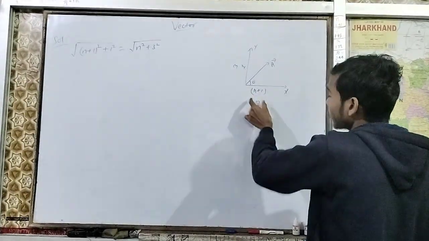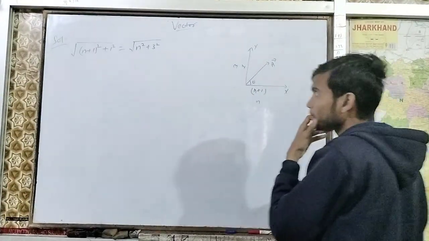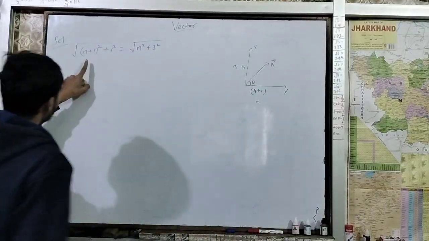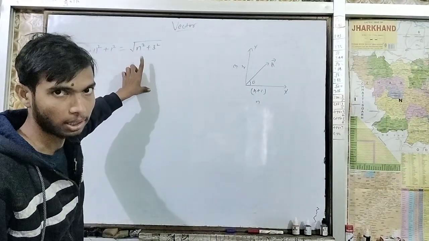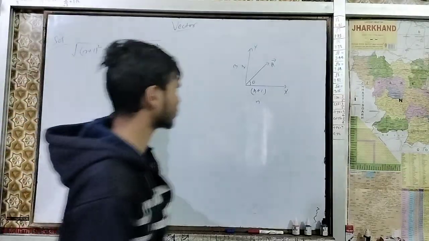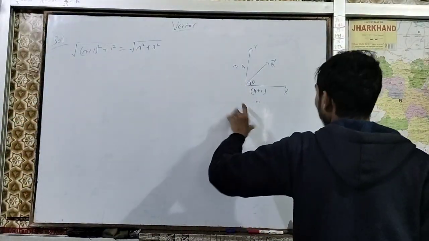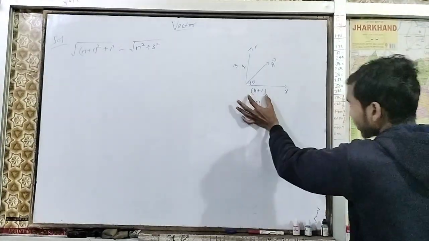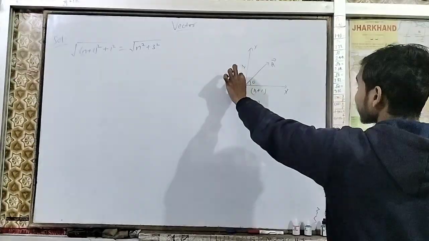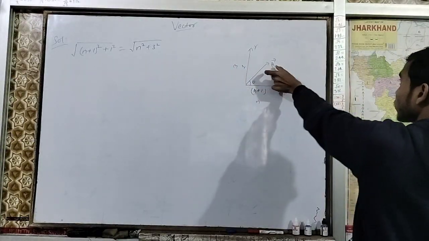So here we know that this vector a will be equal to vector a again. Both are equal, just the angle changed. We know that (n plus 1) raised to power 2 plus 1 raised to power 2 is equal to this vector a.